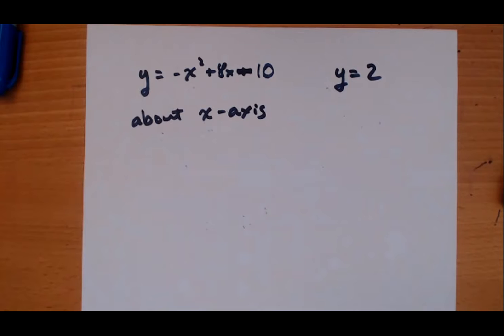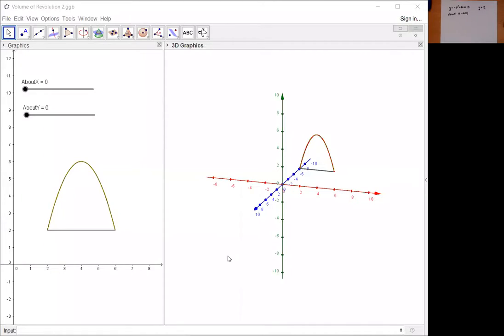Hold on. One moment. Okay. So hopefully you're all looking at a GeoGebra file, right? Here is the parabola that we're talking about. Here's the line y equals 2.